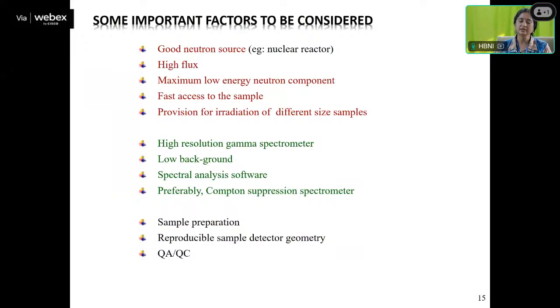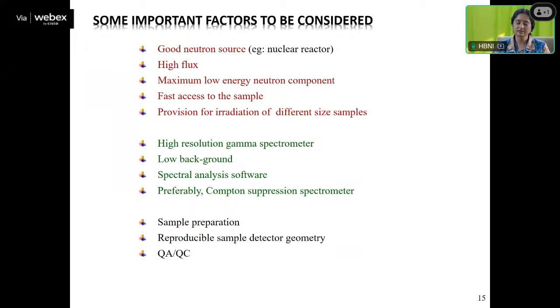Maximum low energy neutron component, and fast access to the sample, because once the sample has been irradiated, you have to bring that sample as soon as possible to your lab for counting. Provision for irradiation of different sizes of sample has to be there. A high resolution gamma spectrometer is needed, low background spectral analysis software has to be there, and preferably a Compton suppression spectrometer.